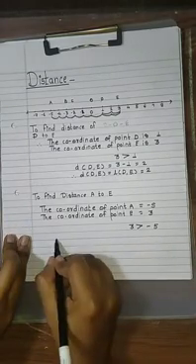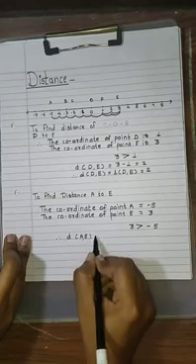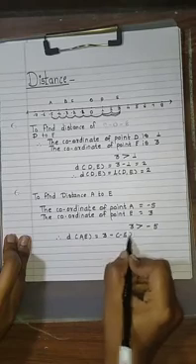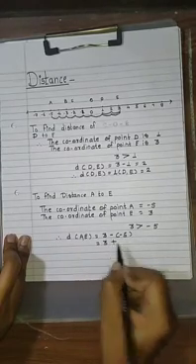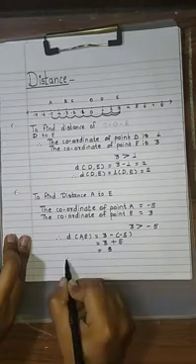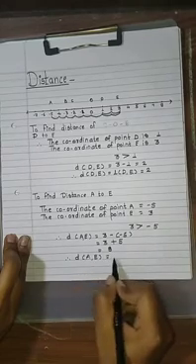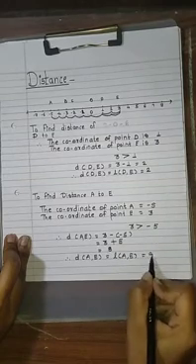Therefore, distance AE is equal to 3 minus -5. Now you can see here 3 minus -5 will become 3 plus 5, which is equal to 8. Therefore, distance AE, or you can call it length AE, is equal to 8.